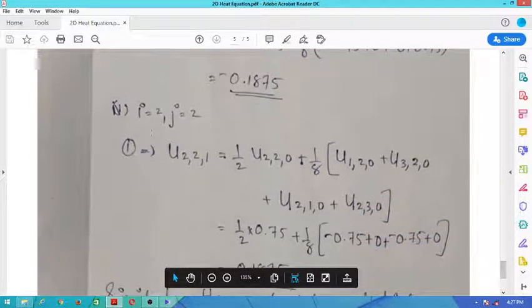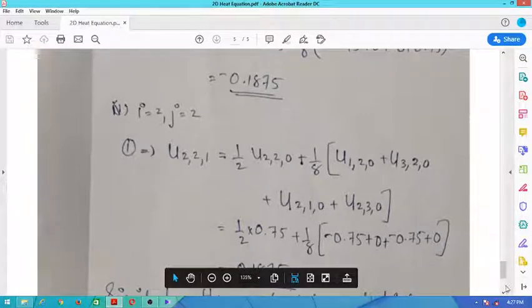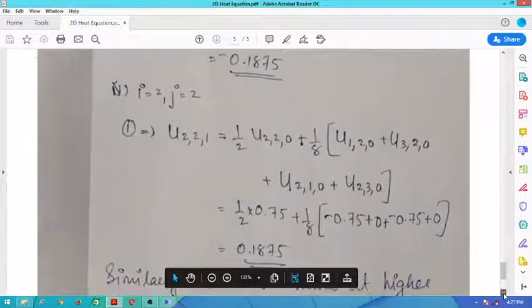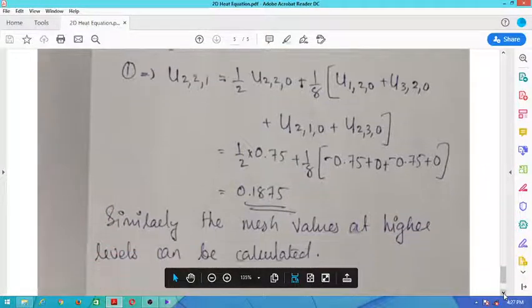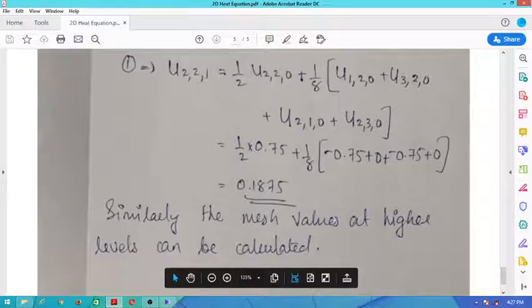Then equation 1 reduces to u221 equal to half times u220 plus 1 by 8 times u120 plus u320 plus u210 plus u230, and it is calculated as 0.1875.